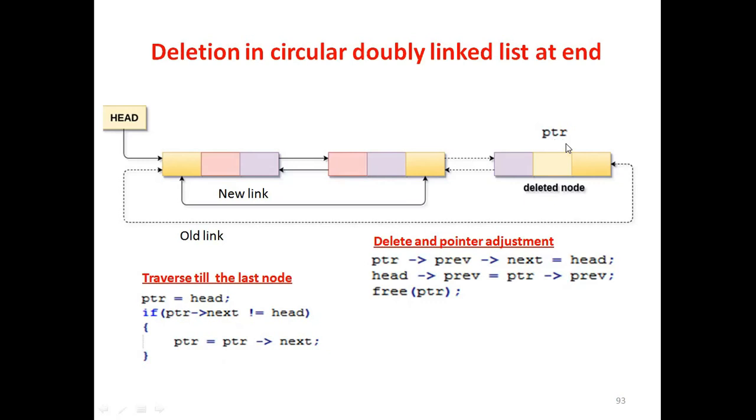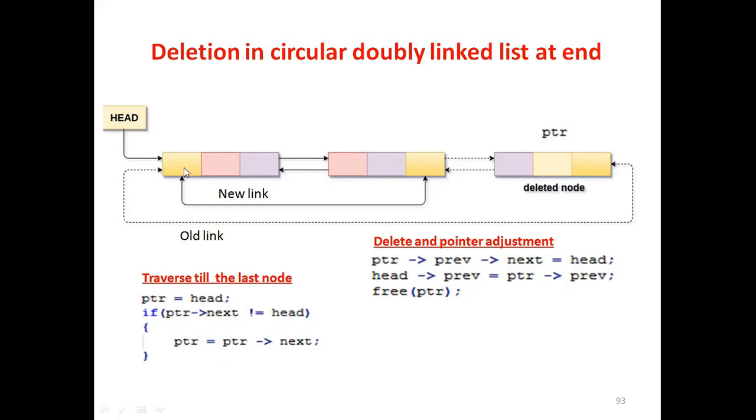And now we have to update this one and this one. How to do that? This field is ptr arrow previous. So ptr arrow previous means this node, then arrow next, this field equals head. And then head arrow previous equals ptr arrow previous.